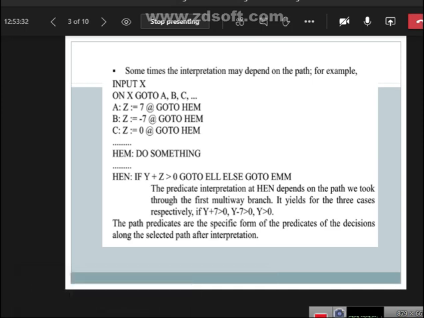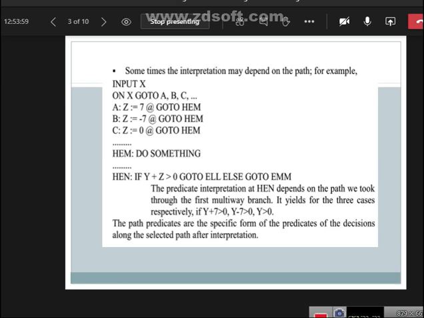First statement a, z is equal to 7. If z is equal to 7, go to HEM. HEM is one decision. If at statement b z is equal to minus 7, go to HEM again.